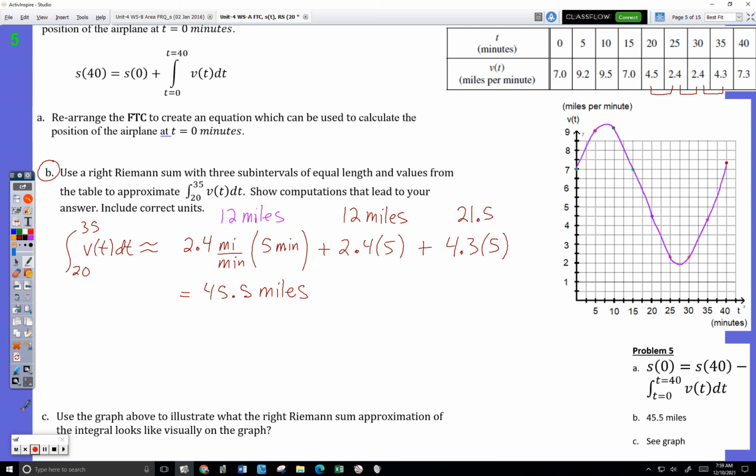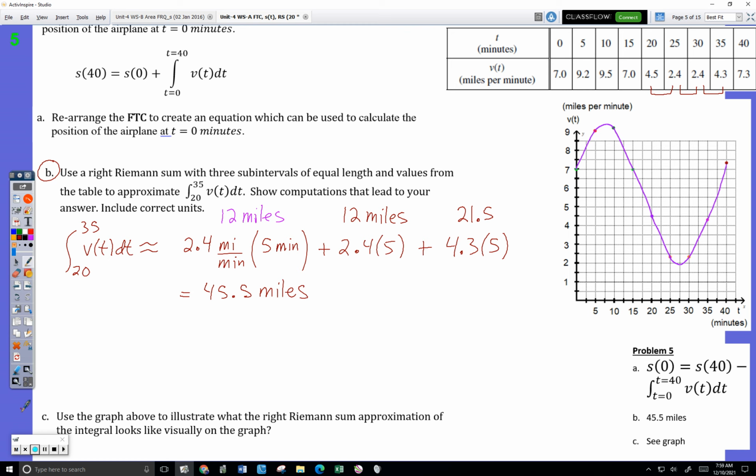Okay? Quickly, draw what that looks like on your graph. Go, come on. Fast. Oh, nicely done. Sweet. You did it first. Close.